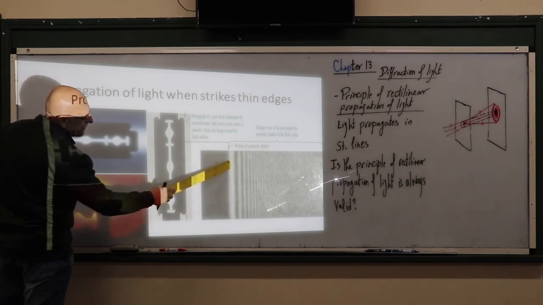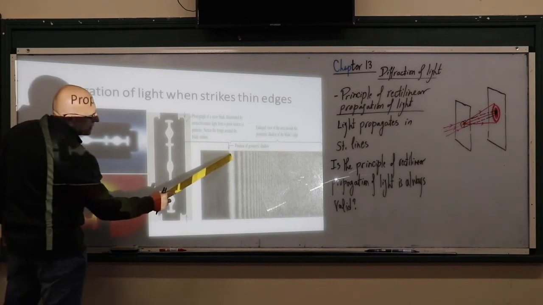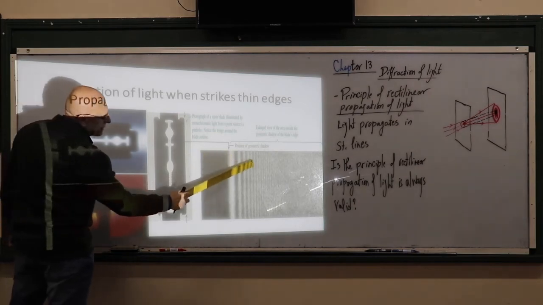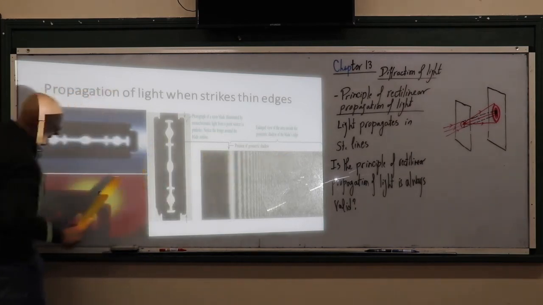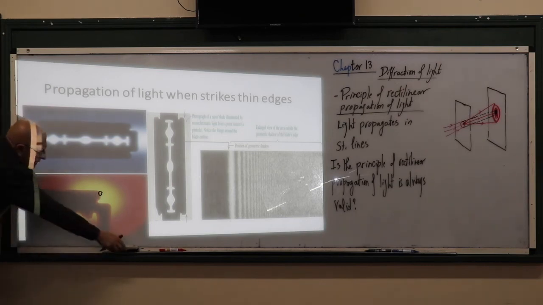This is an enlarged view. They notice that there are alternating dark and bright fringes around it. And since this is the behind of the blade, this is a rear view of the blade, okay? You notice here that there is light.